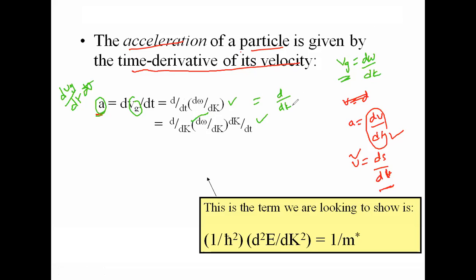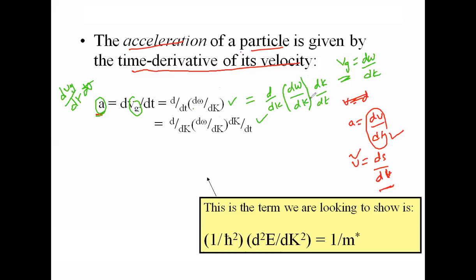Let me keep it here. So how did I get it? d by dk, then d omega by dk, dk by dt. I'm multiplying and dividing by dk here. So let me write it here: d by dk and d omega by dk and dk by dt.